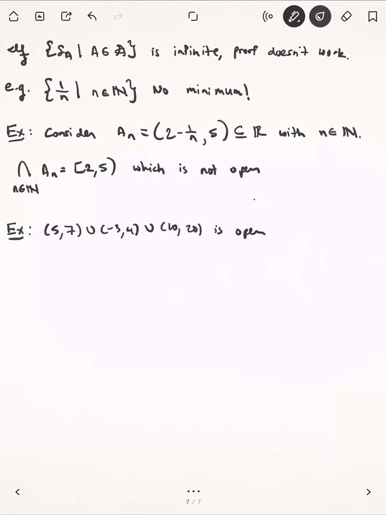And I know this just off the top because I've taken the union over 3 open sets, and I know that the union of any number of open sets is going to be open. Also, for example, if you take the real numbers and just puncture it, so this is just the following, this is also open.